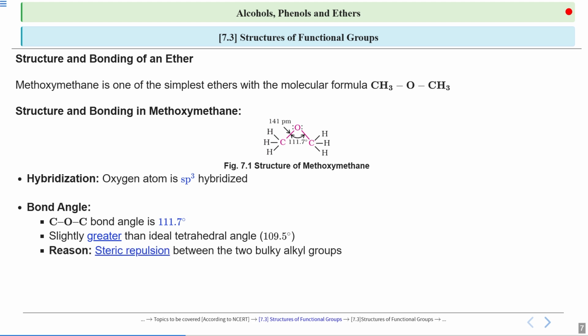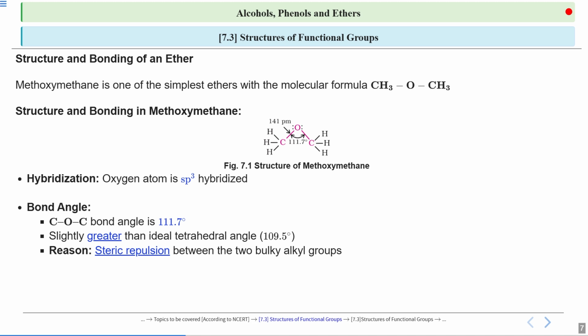The reason behind this is the steric repulsion between the two bulky alkyl groups present around the oxygen. These bulky alkyl groups repel each other and make the bond angle slightly wider. This is why the COC bond angle is slightly greater than the ideal tetrahedral angle, which is 109.5 degrees.